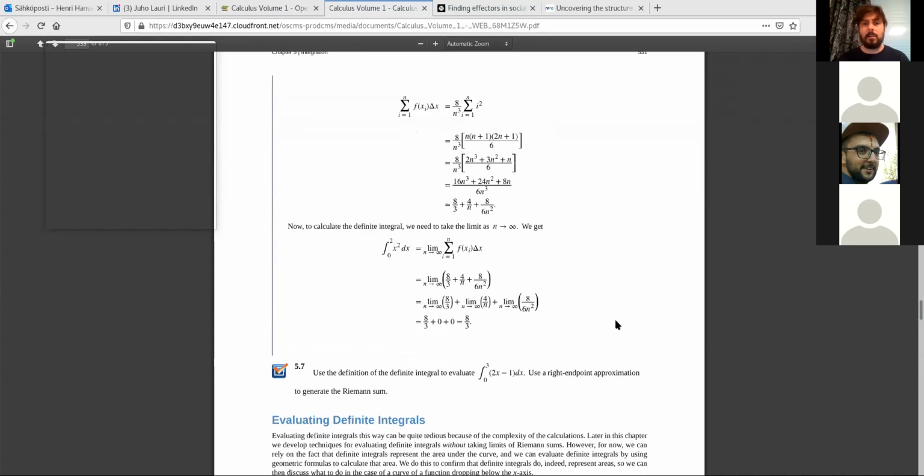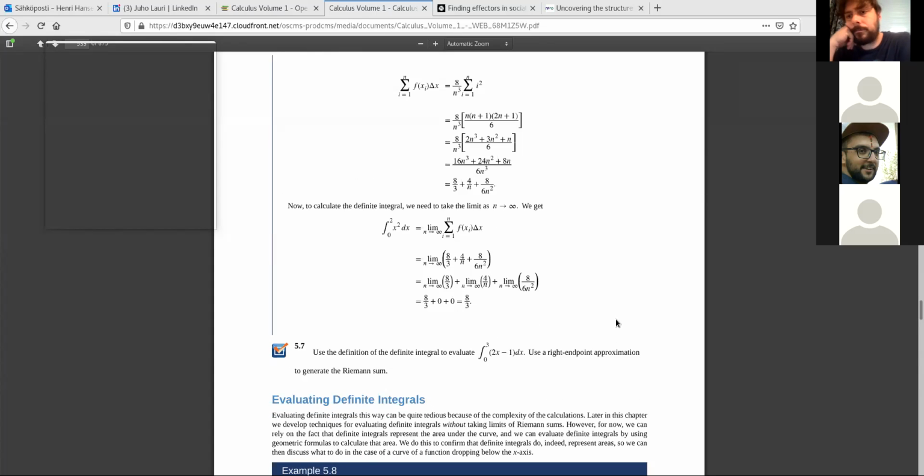Now as n goes towards infinity, the bigger n is, the 4 over n goes to 0, and 8 over 6n squared goes towards 0 as well, because we're dividing by n, and as n gets bigger and bigger this term goes to 0. So this Riemann integral from 0 to 2 is 8 over 3.